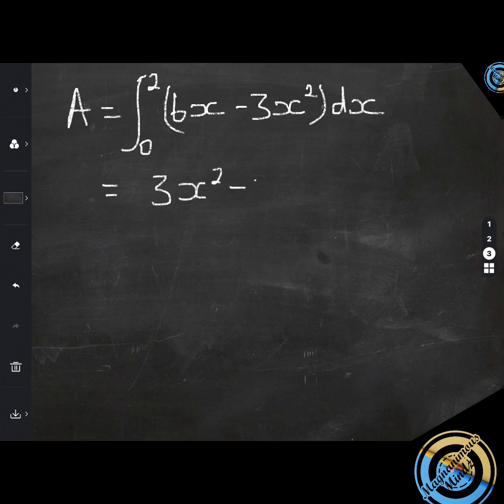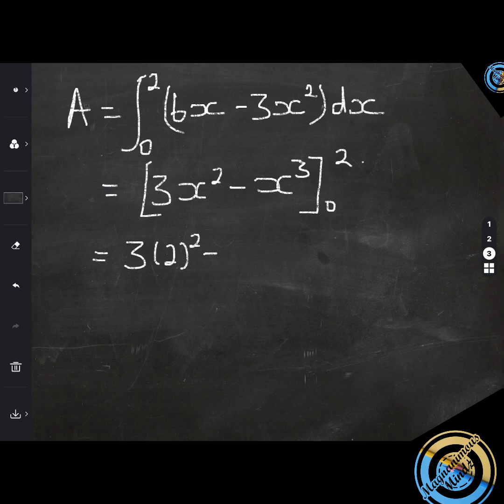If we integrate, we get 3x squared minus x cubed from 0 to 2. This becomes 3 times 2 squared minus 2 cubed, minus 3 times 0 squared minus 0 cubed.